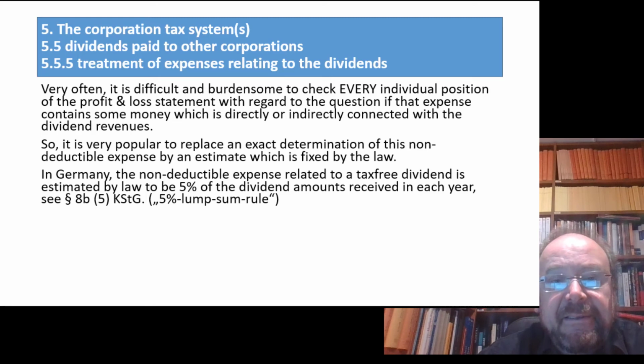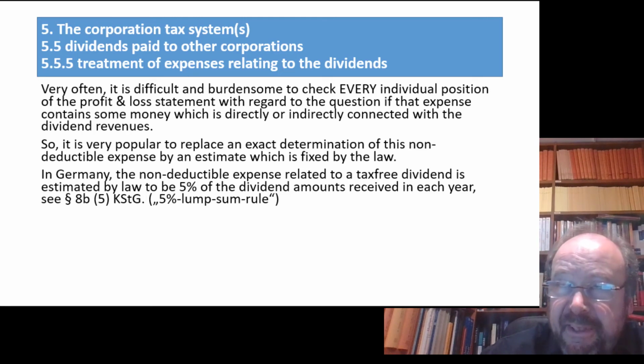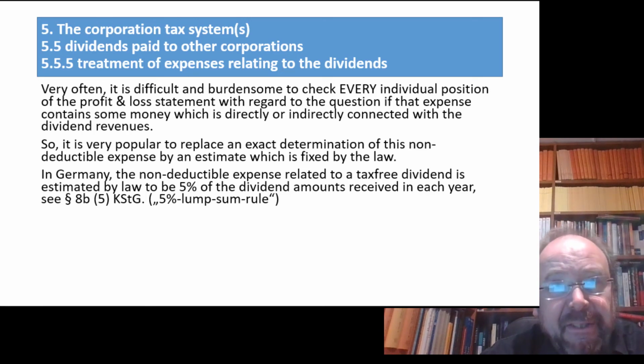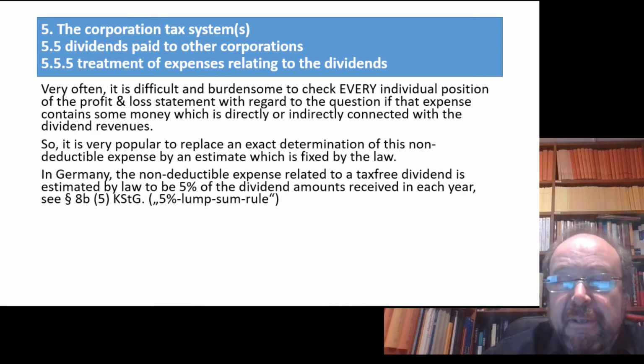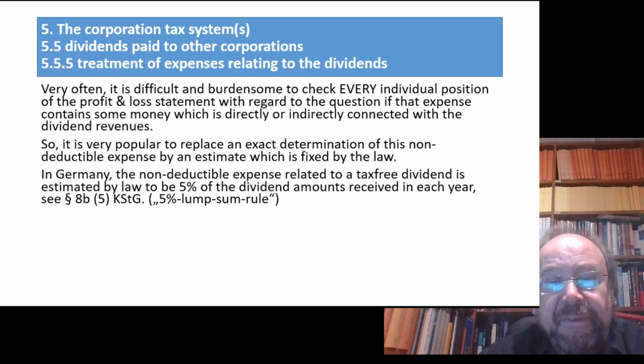The idea is, well, there might be a year when you have a zero dividend. Then 5% of zero is 5% non-deductible expense. So your real expense, your actual expense, would go uncorrected. But the idea is then, okay, then you will have in the future other years where you have higher dividends, so that the 5% will be far too high in comparison to the expenses which you had in that year.